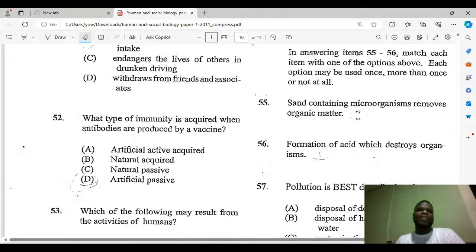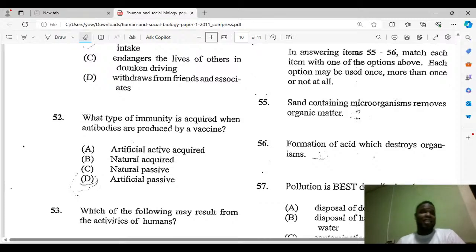What type of immunity is acquired when antibodies are produced by vaccine? This is a tough one. It's a pretty tough one, guys.